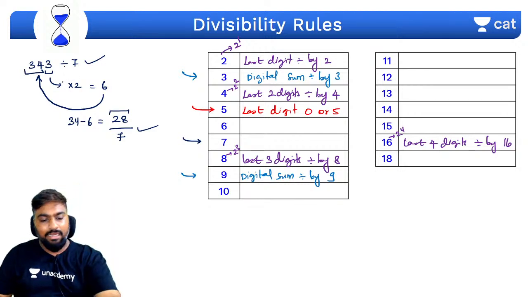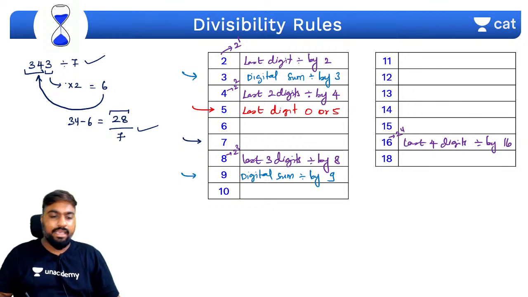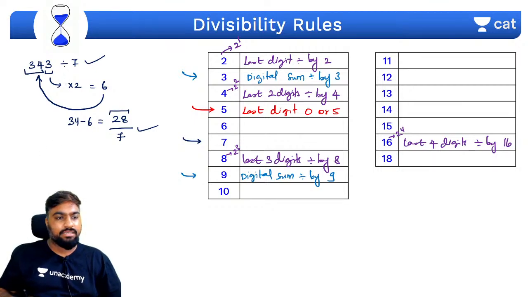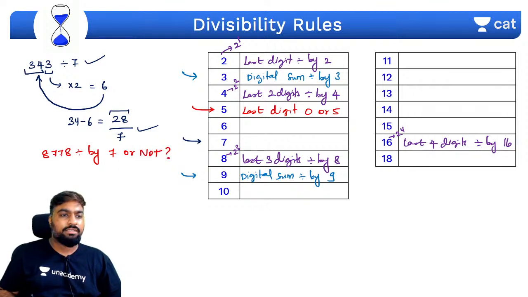Yes, take any number. So I'll give you an example. Let's take 8778. Quickly tell me, is 8778 divisible by 7 or not? Jaldi karo.